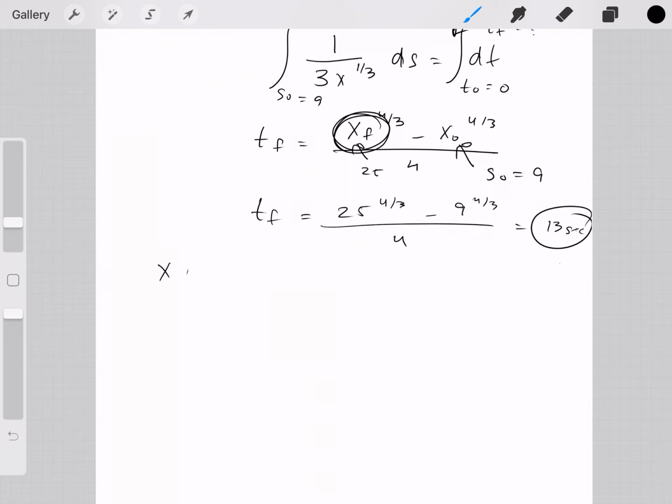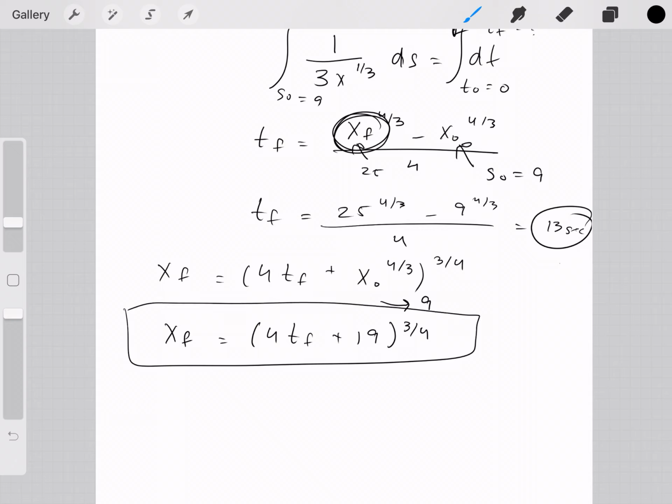When you solve for x final, you'll get that (4/3)(t final) plus x naught to the 3/4. And we'll plug in 9 for this. So that also becomes (4t final plus 19) to the 3/4.